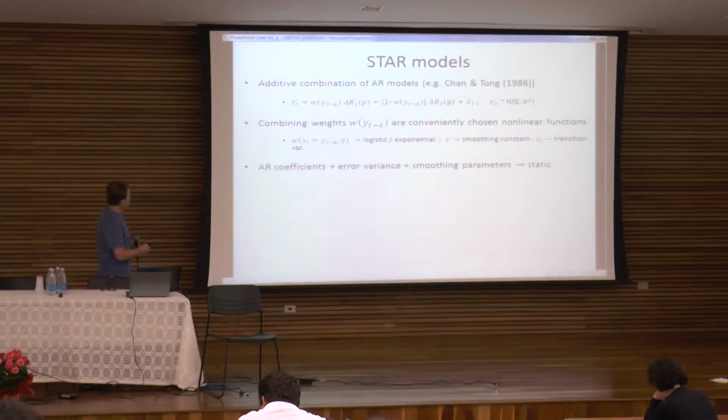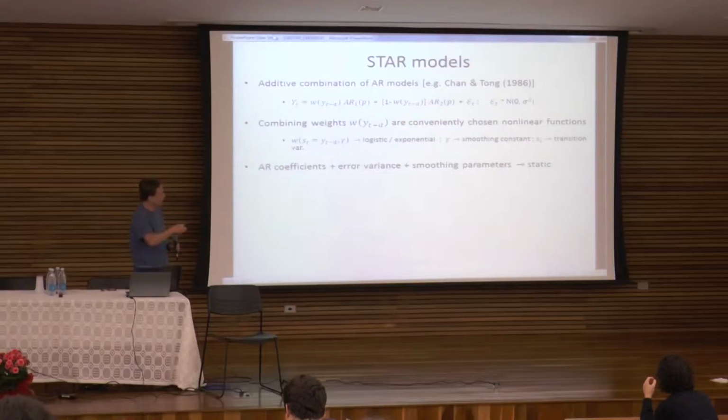That function is a function of what's called the transition variable, which can be either a past value of the time series of interest or an external variable. In the application I will describe later, we use temperature as a transition variable because of its nonlinear effect on the load.